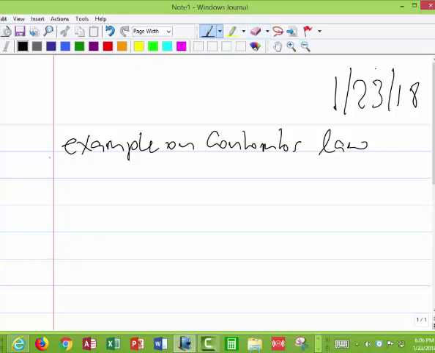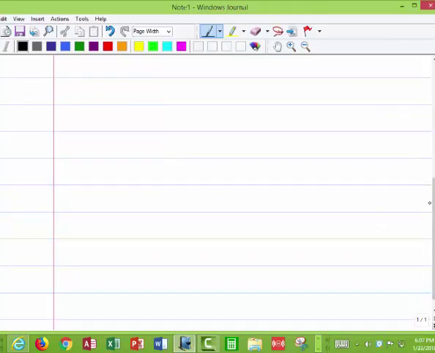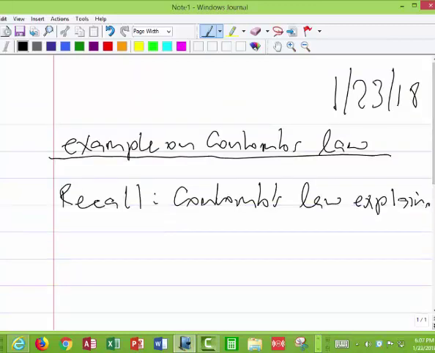Before we do that, I'll just remind you again about Coulomb's law. We know that Coulomb's law explains the force between two charges, or between charges. It doesn't have to be two, there could be multiple charges.